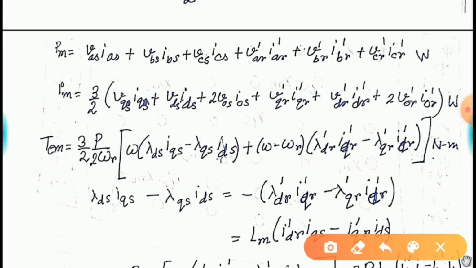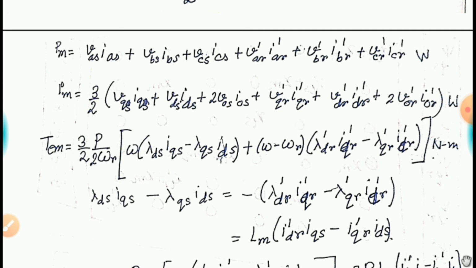However, if we do this generalized analysis, later on we can easily drop these three terms without any difficulty, right? So this power, we know that this will be coming. How this is coming, you should already be familiar with.